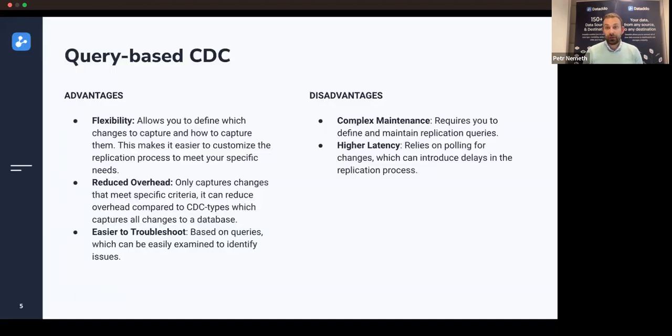The first, fairly simple, is what can be called query-based CDC. You can imagine this as a very simple select query, where you select data from a specific table or tables, followed with some where condition, where you basically say only select those data that have been updated yesterday or have been added yesterday, providing that you have the database schema or the table schema ready for that.